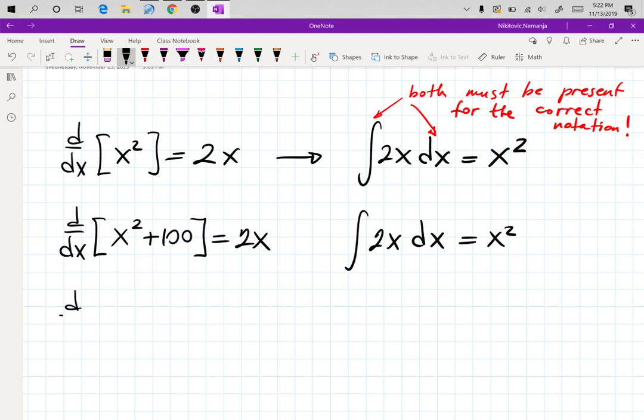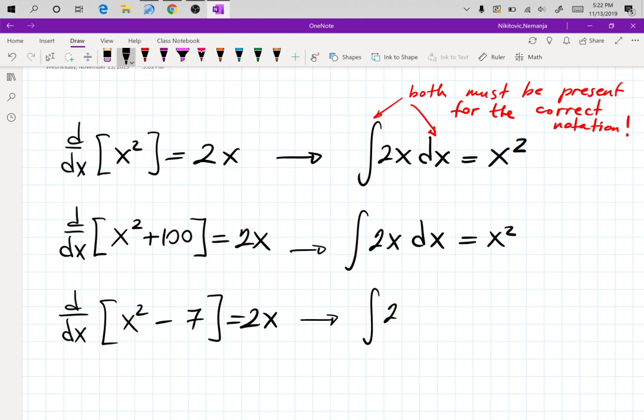Even if I go and I say d dx of x squared minus 7, it's still going to be 2x, and the integral of 2x dx is still equal to x squared. No way for us to retrieve minus 7, plus 100, or a 0 on the first one, which is why we always put this plus c.